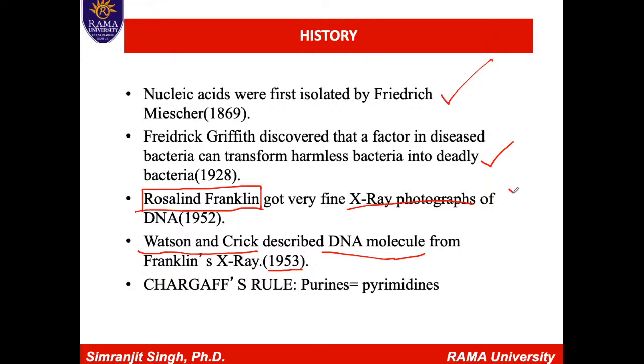It was something like this: the X-ray image of the DNA was coming like a cross, and in between they were seeing some nucleotides being joined together. This was very remarkable, very unique for all of us to see. But Rosalind Franklin was not able to depict why the structure was helical. All these things were depicted by Watson and Crick.